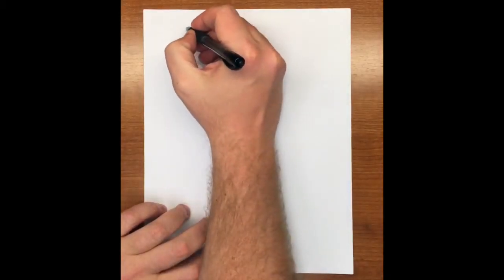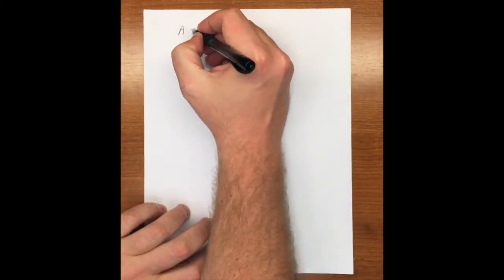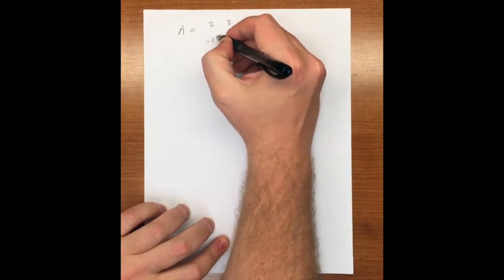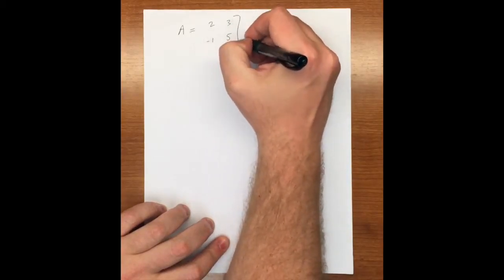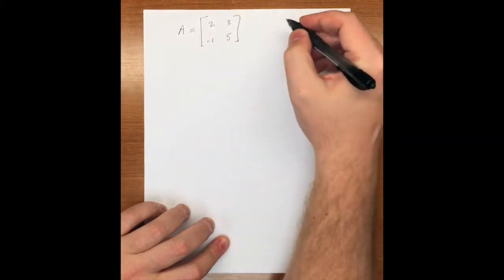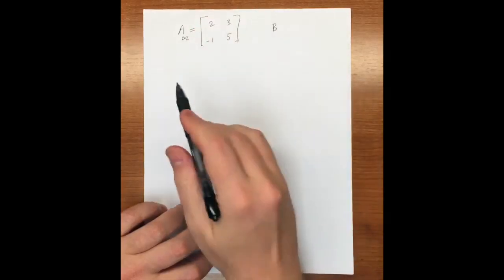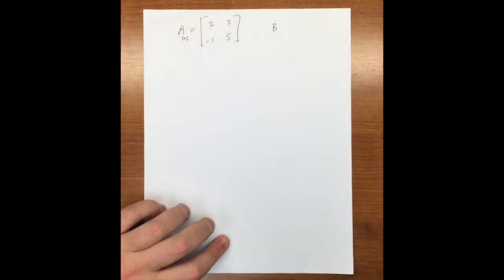So let's say, for example, we have the matrix A, which is a 2 by 2 matrix. We'll say 2, 3, -1, and 5. And we have the matrix B, which is also going to be a 2 by 2 matrix. In order for A and B to add and subtract together, they need to both be the same size.